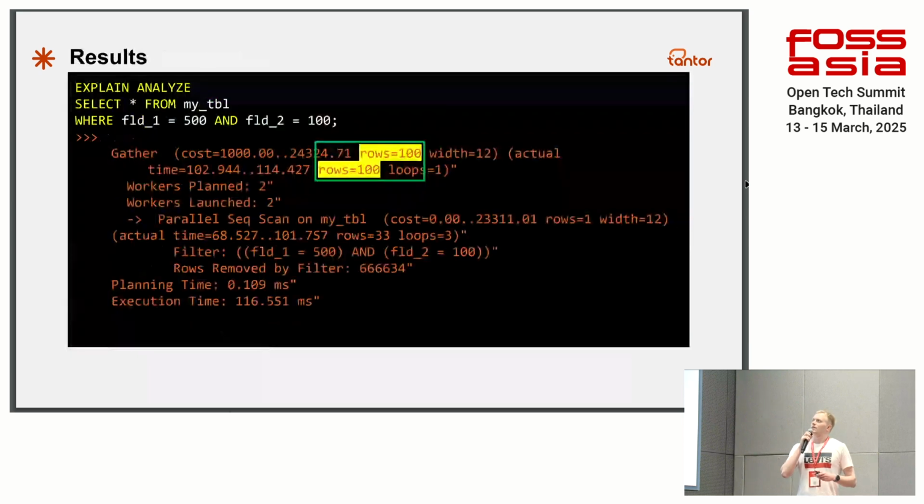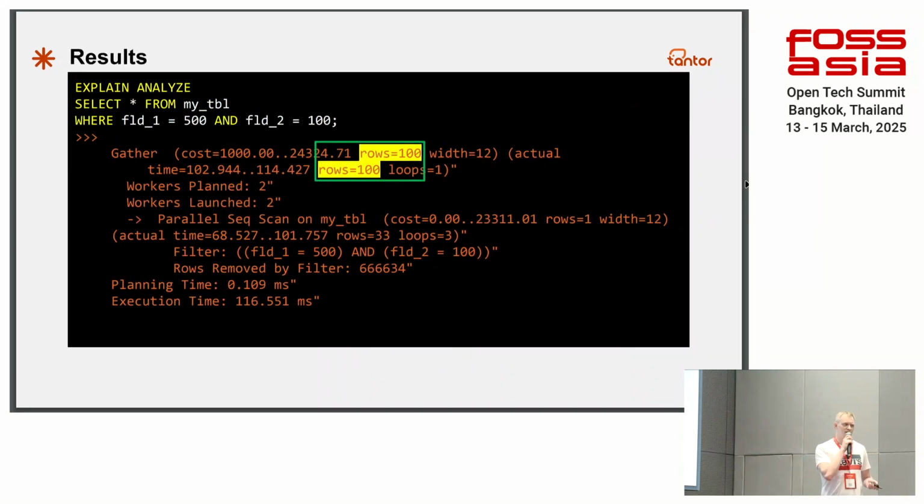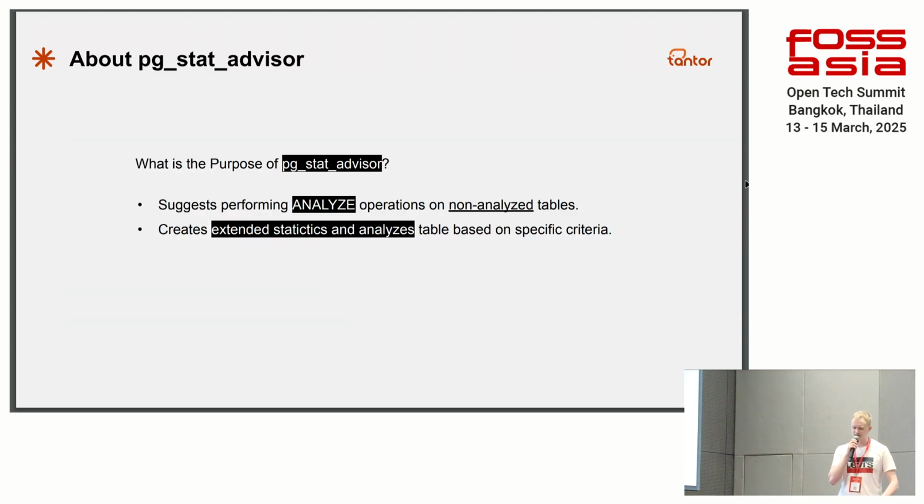Okay, when we add this extended statistic of dependencies, we can see that the estimation is equal to actual rows. So we have three issues, and in order to solve them, I wrote the extension PostgreSQL Advisor.